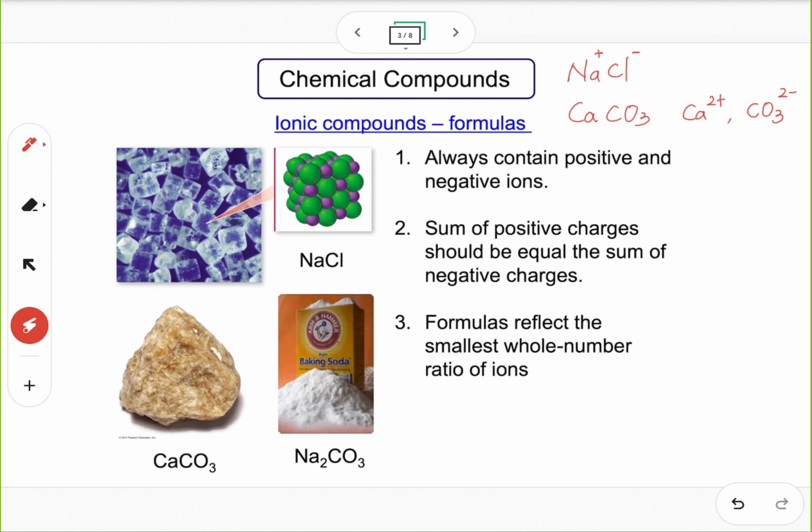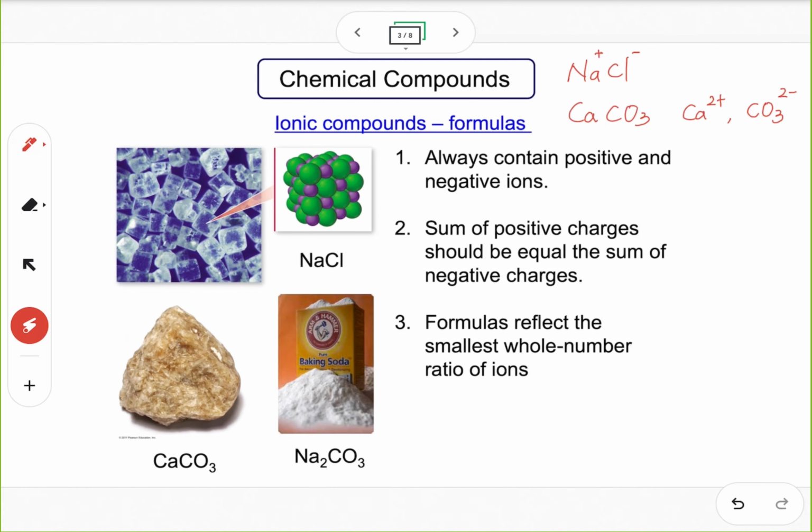Same thing for calcium carbonate. Calcium has 2 positive charges, carbonate has 2 negative charges. So when you combine these 2 ions to form an ionic compound, the charge will be canceled. The compound formed will be neutral.